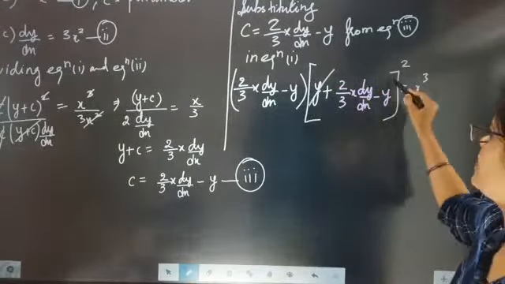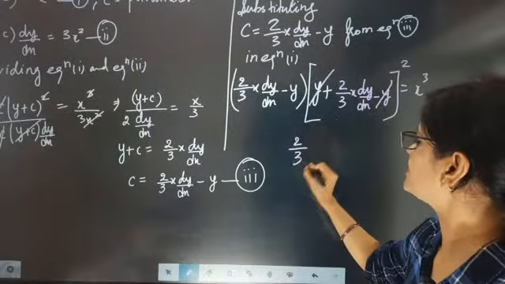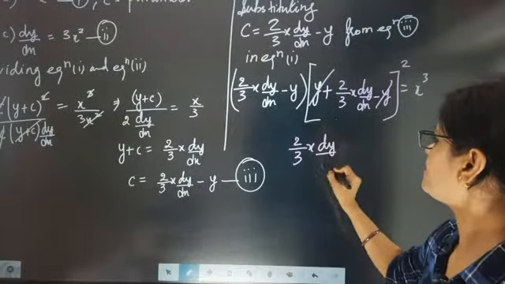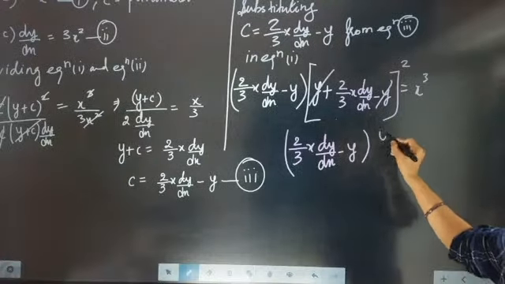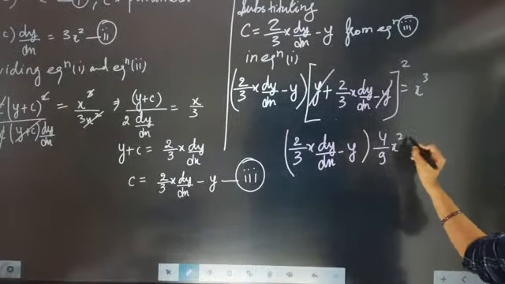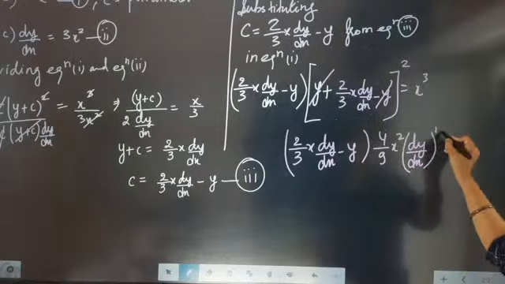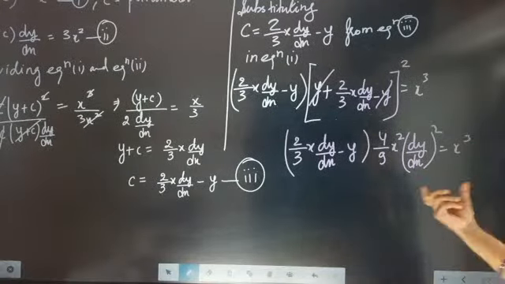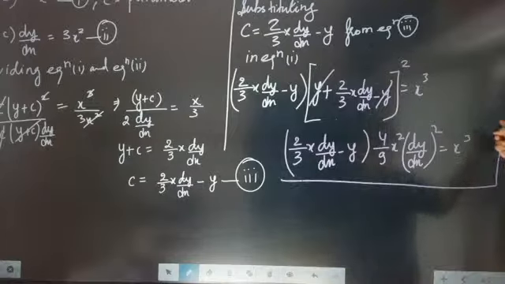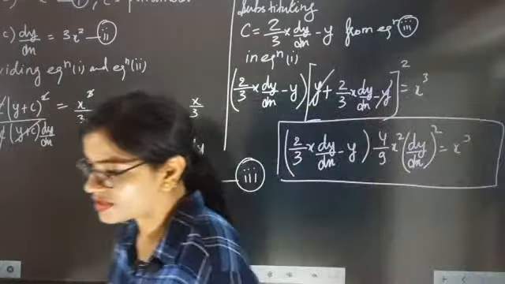Second, y plus y minus will get cancelled. Now you have 2 by 3x dy by dx, and here it is coming as 4 by 9 x square (dy by dx) whole square equal to x cube. So this is exactly the equation of the family of curves independent of the parameter.